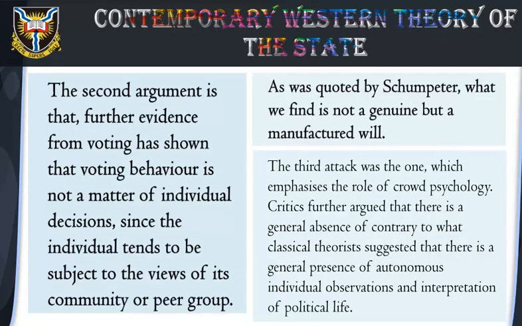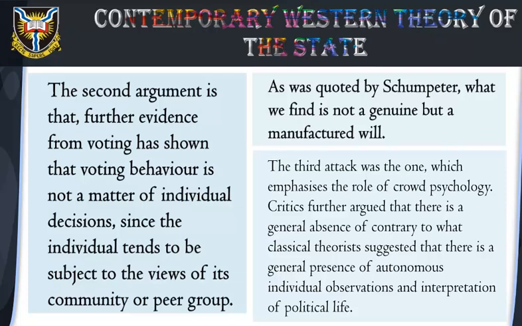The second argument is that further evidence from voting has shown that voting behavior is not a matter of individual decisions, since the individual tends to be subject to the views of his community or peer group. As quoted by Schumpeter, what we find is not a genuine but a manufactured will.